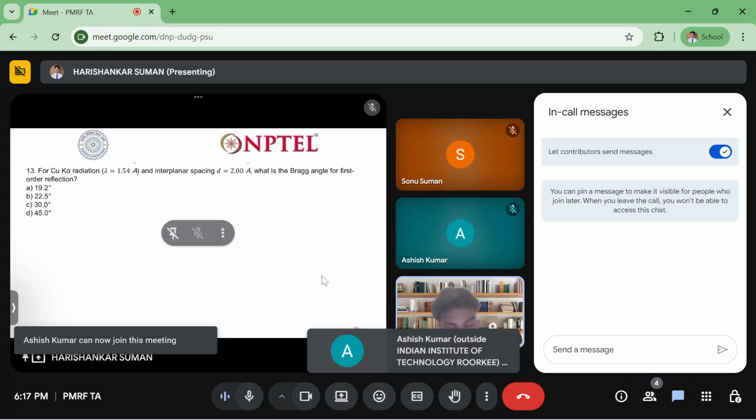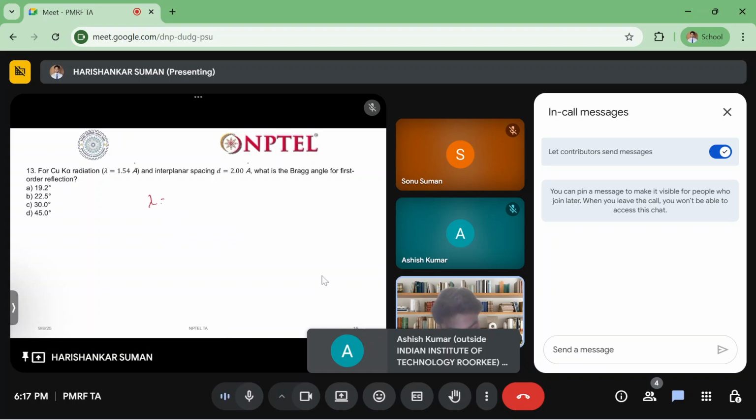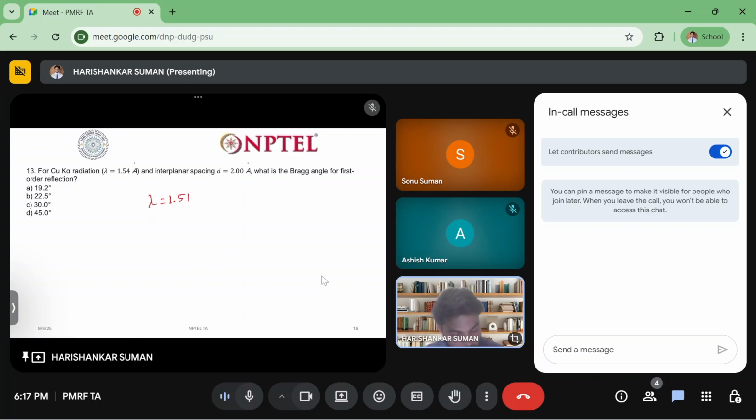Here is the given: copper K alpha lambda equal to 1.54 angstrom and interplanar distance d equal to 2 angstrom, and for the first order reflection you can use n equal to 1.